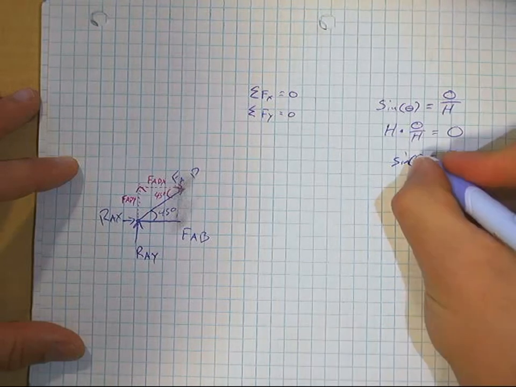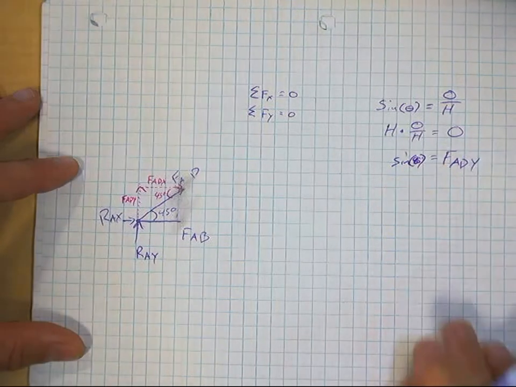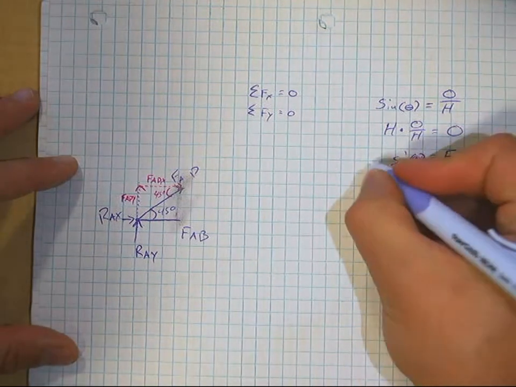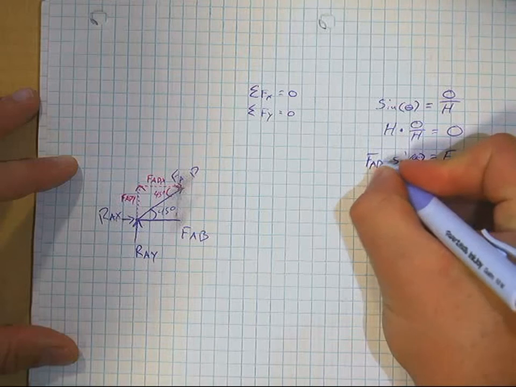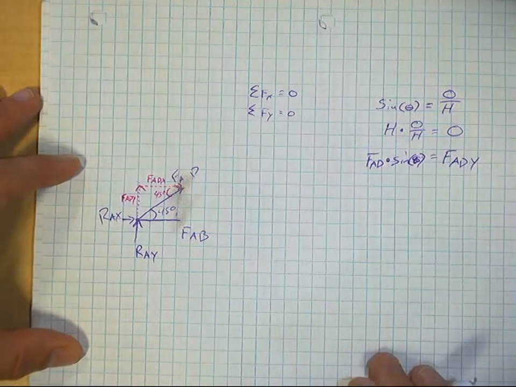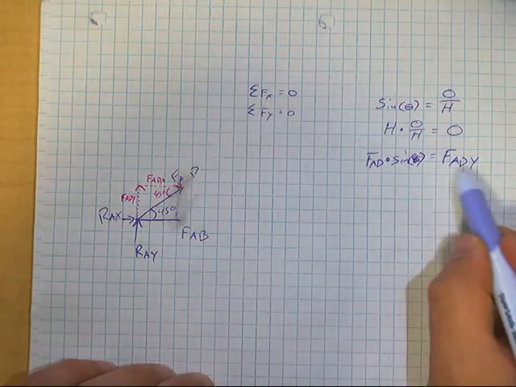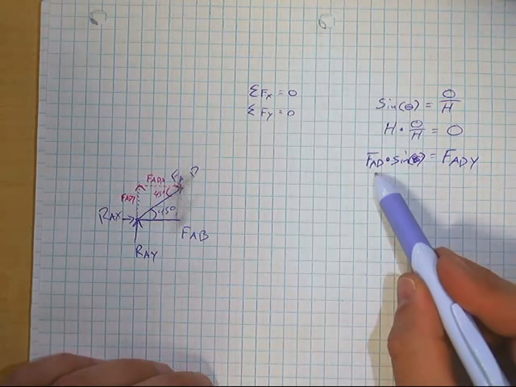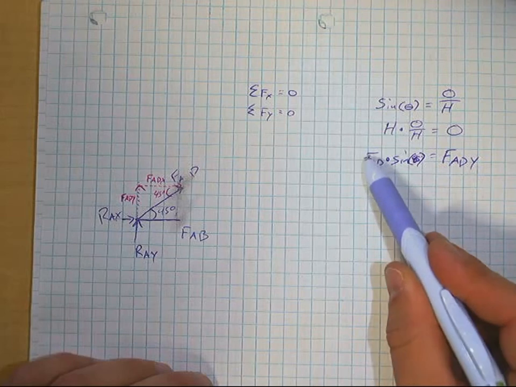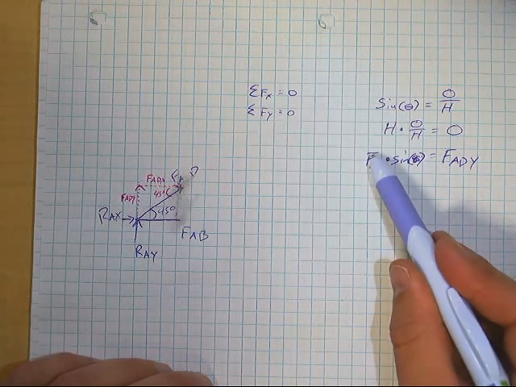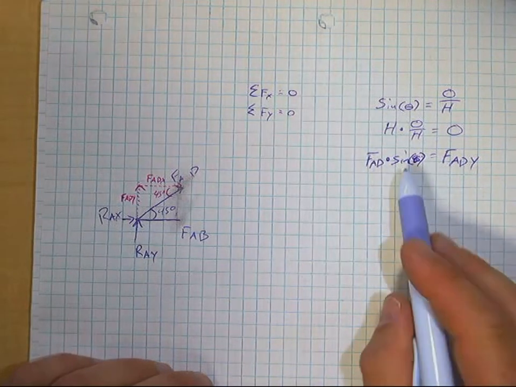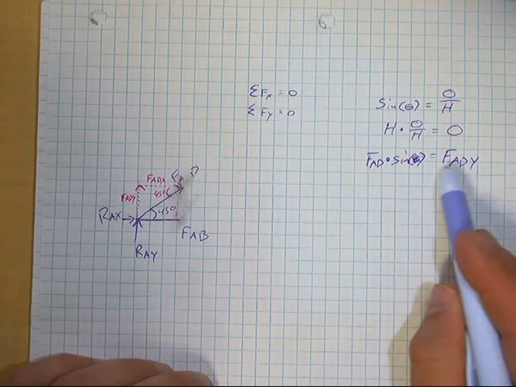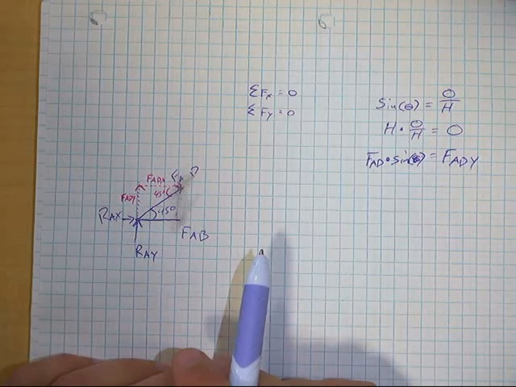In this case it's 45 degrees, so sine of 45 degrees, and our hypotenuse is FAD. So that is the equation we're going to use. If we want to know FADY, we can write it in terms of FAD, which is actually our unknown. That's what we really want to figure out. So we can do FAD times sine of 45 degrees to replace FADY.